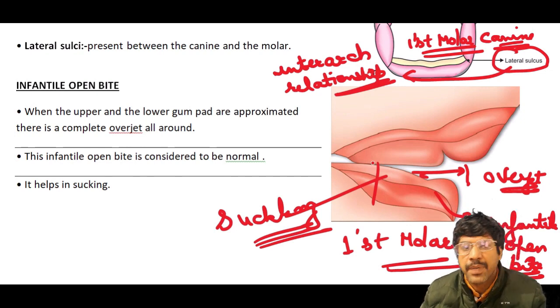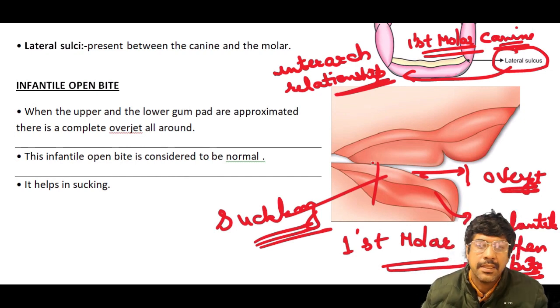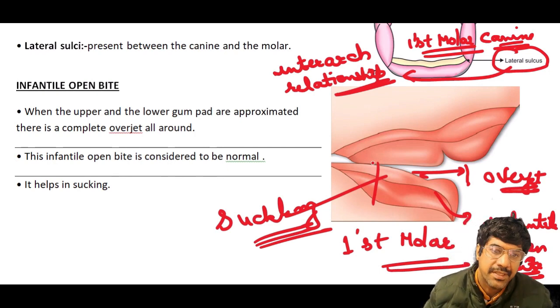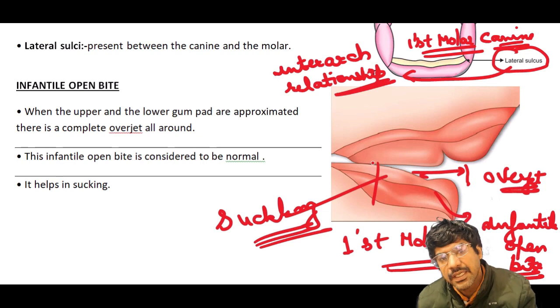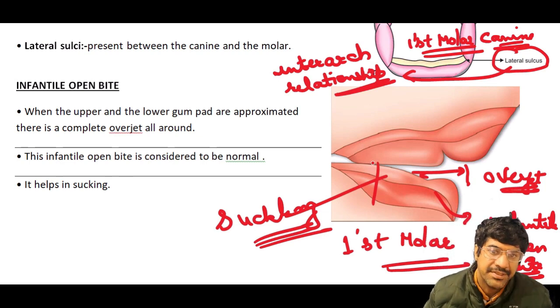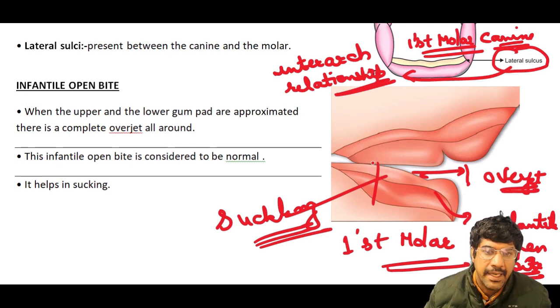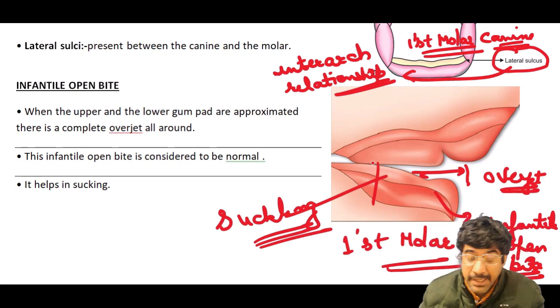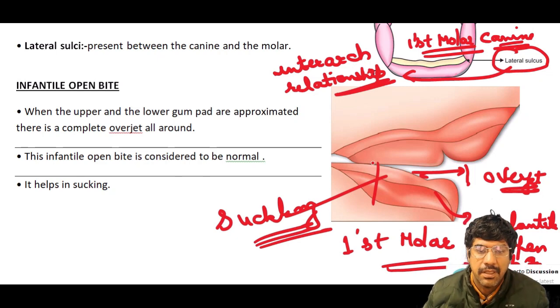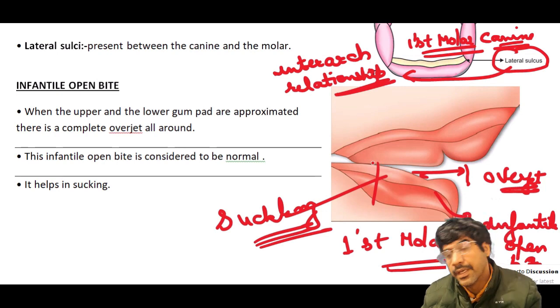However, as the primary teeth erupt, there is gradual closure of the intermaxillary space. This characteristic is considered a self-correcting anomaly of the developing dentition, and it tends to resolve as the primary teeth emerge.